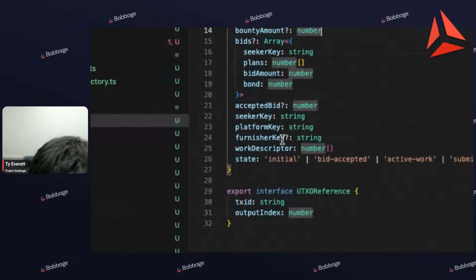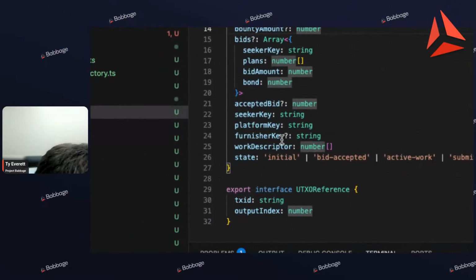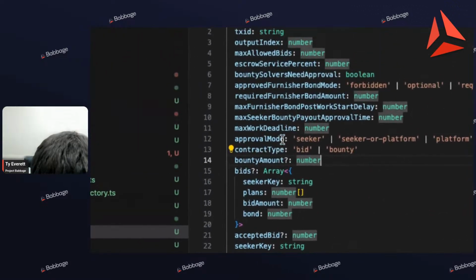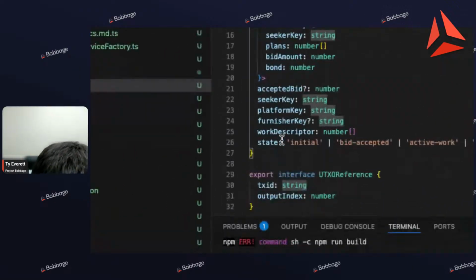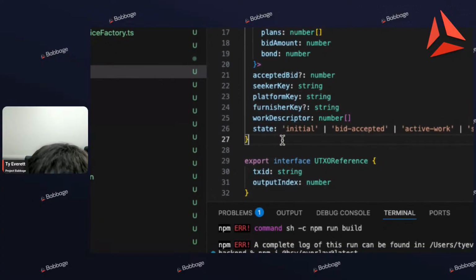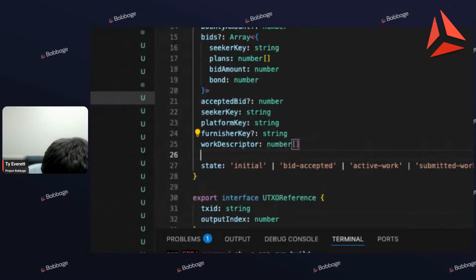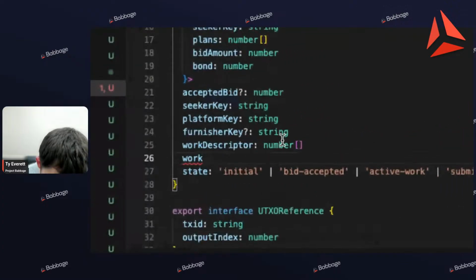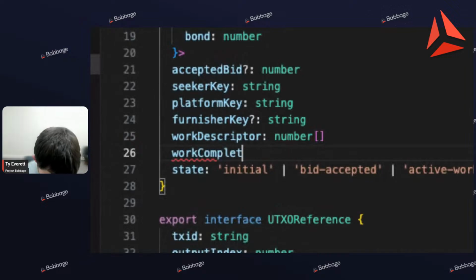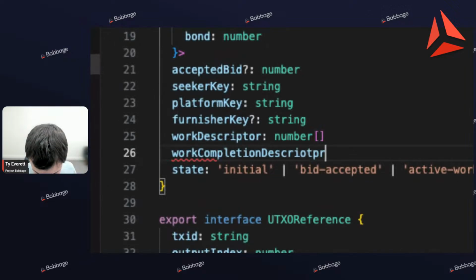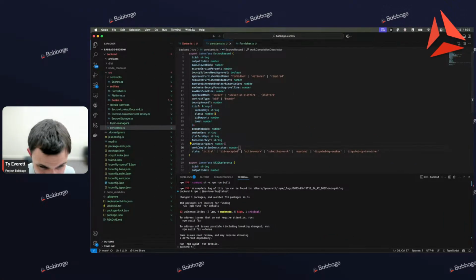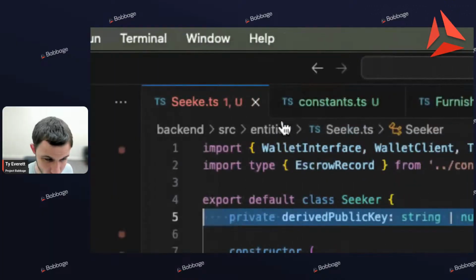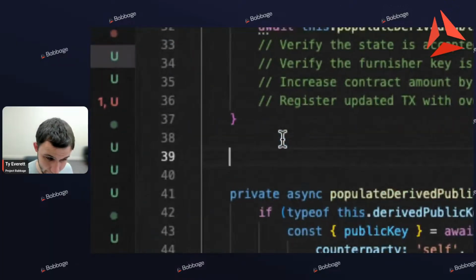If there is to be a work descriptor, there will also be a work completion descriptor. It might be a hash.